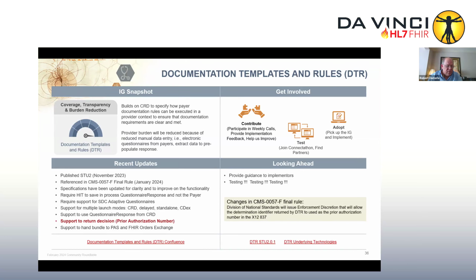By using something called FHIR questionnaires, the payer can go and, either as a static questionnaire or as an interactive questionnaire, collect the information that's necessary to meet the documentation requirements.